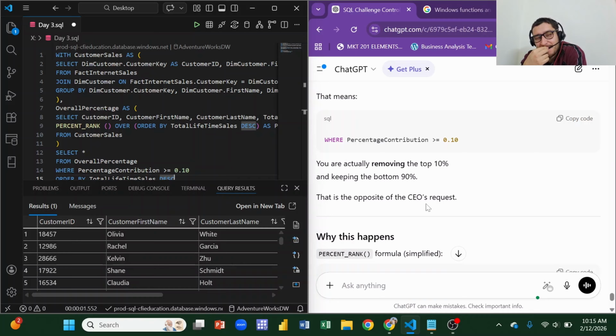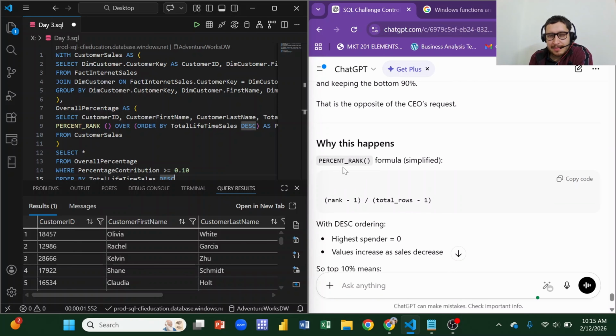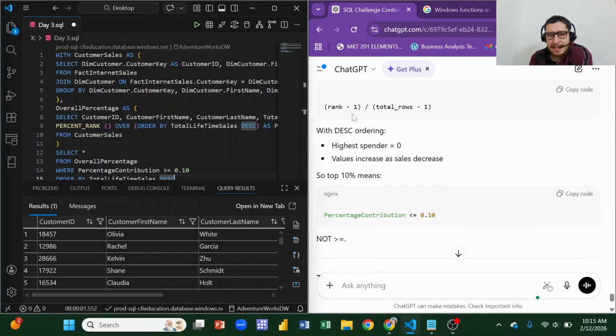Okay, so where did we go wrong? We did exactly the opposite of the CEO's request. Let's study why this happens. Percent rank is simplified as rank minus 1 divided by total rows minus 1.